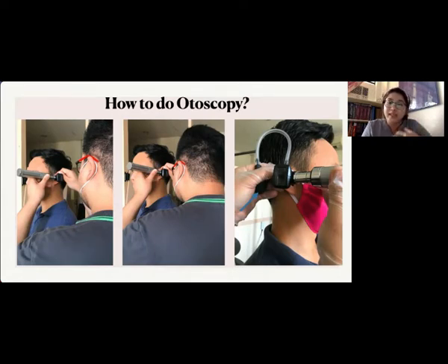We use this to check the integrity of the tympanic membrane. A light pressure is given using the bulb, which will cause movement of the tympanic membrane if it is intact. If you do not have such equipment, you can let the patient pinch his nose and, with a closed mouth, swallow, or you can do the Toynbee maneuver.